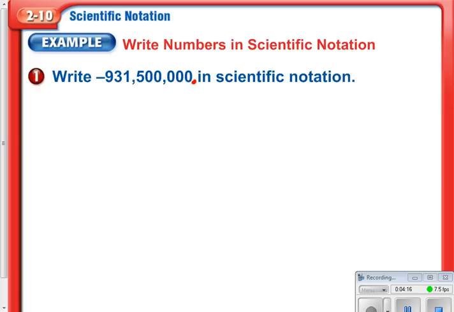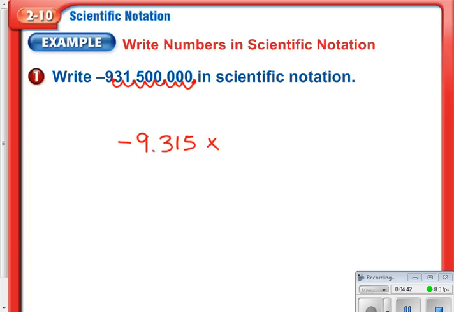We need to get that first number between at least 1 but less than 10. So I'm going to move my decimal point 1, 2, 3, 4, 5, 6, 7, 8 spots. So I get negative 9.315. Okay, this first term here, the absolute value, is at least 1 but less than 10.